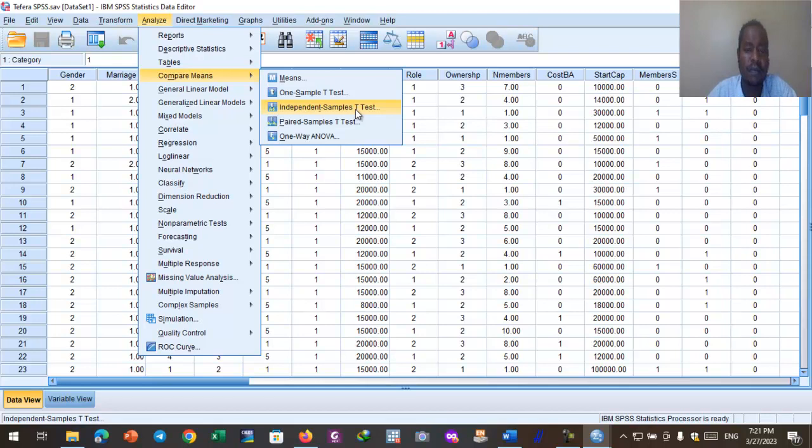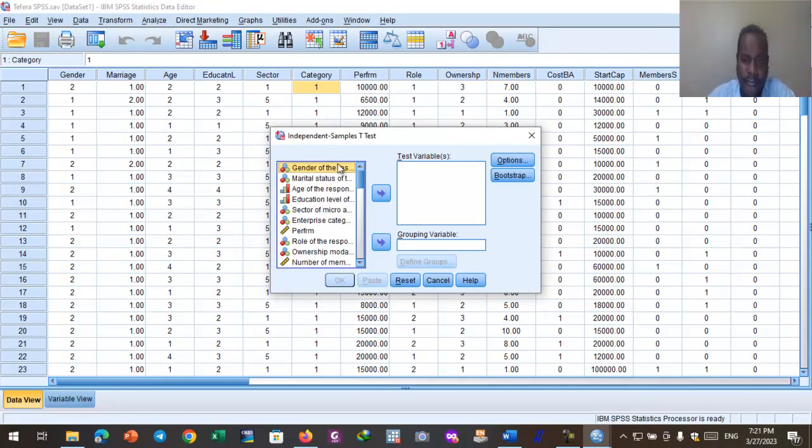We collected data on micro enterprises independently, and then we collected data on small enterprises independently. Therefore, the two groups are independent of each other. There is independence of observation in the independent sample t-test, and that is why we select the independent sample t-test to run this test. So let's click.